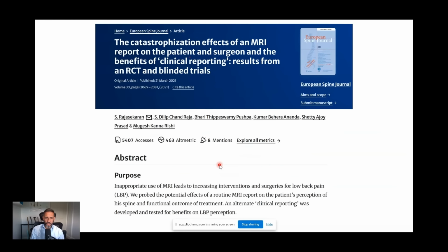And in the other group of patients with back pain, the report was explained to them by a clinician in simple terms, and often the findings were explained to say that, look, these are not that bad. And then there was a second phase of the trial where the report was rewritten using that sort of language, not using the frightening terminology.